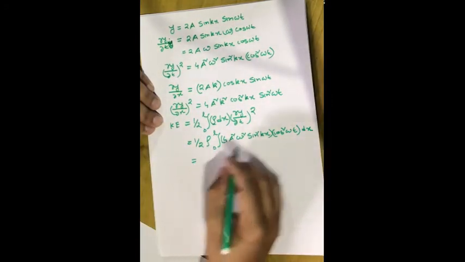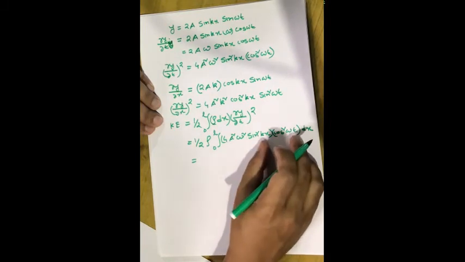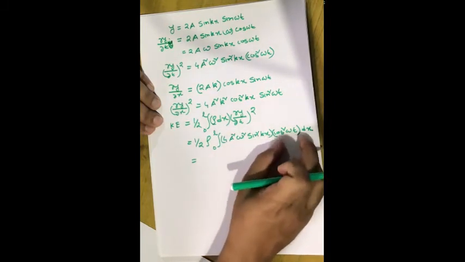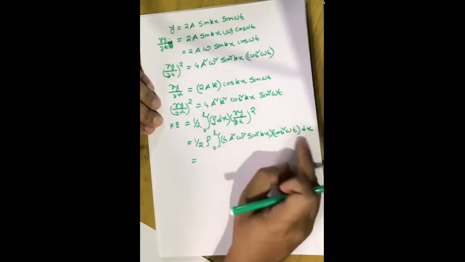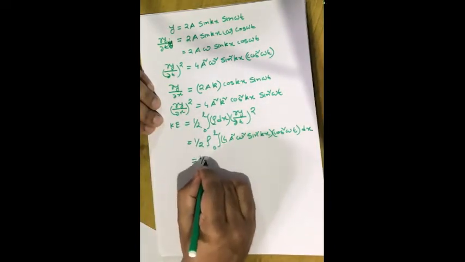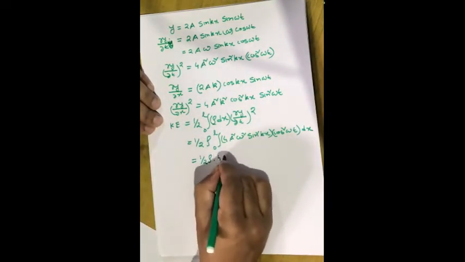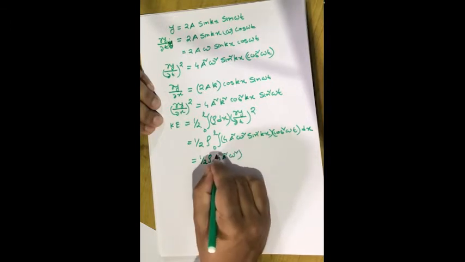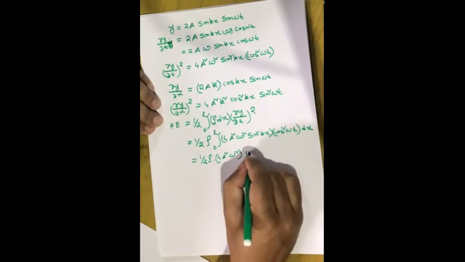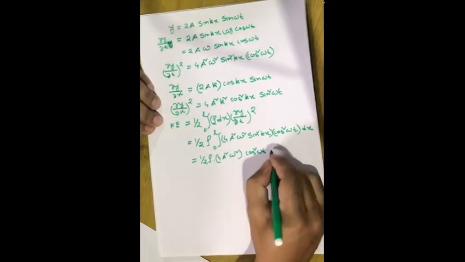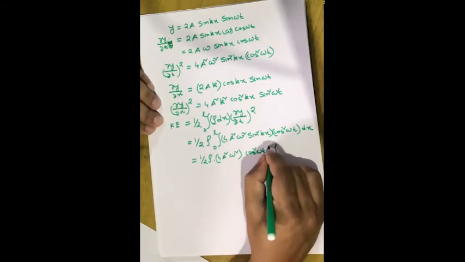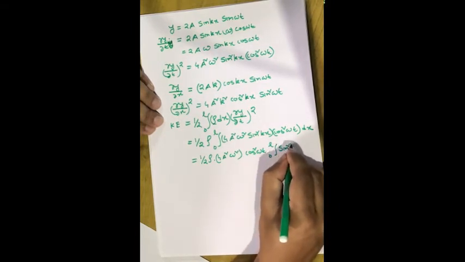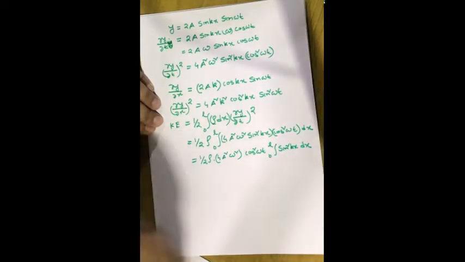Now you see, cos square omega t is a constant with respect to the variation of dx, so we take it out of the integration sign, along with 4a square omega square. So cos square omega t times integral 0 to L of sin square kx dx.